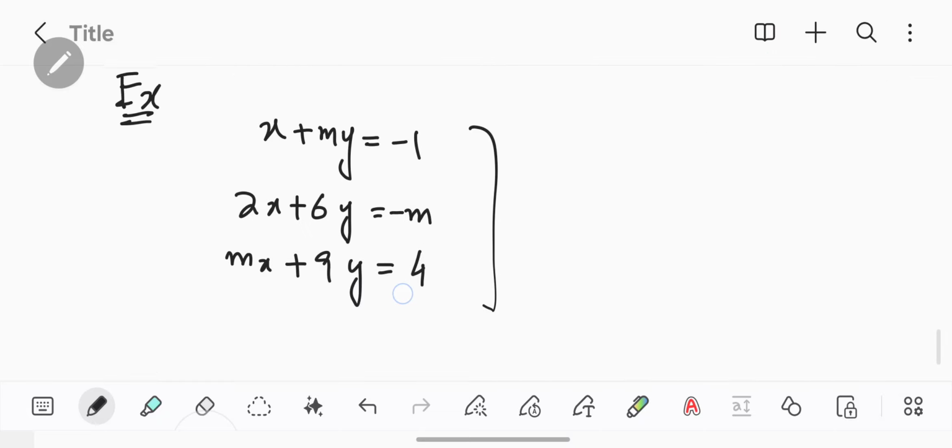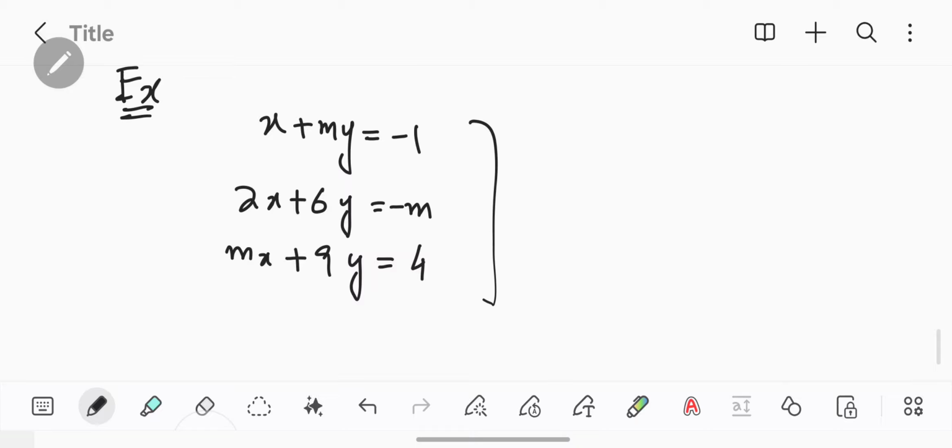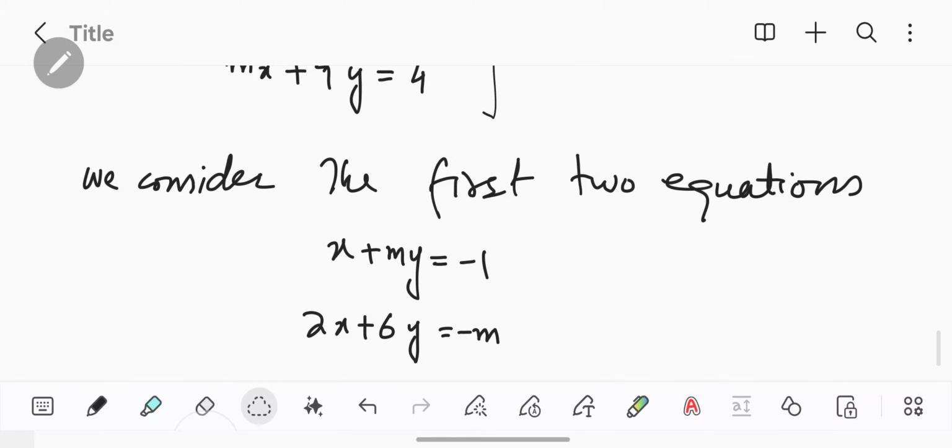Because this is a non-square system, we will make it square. So let's consider only the first two equations, and now we will solve them.